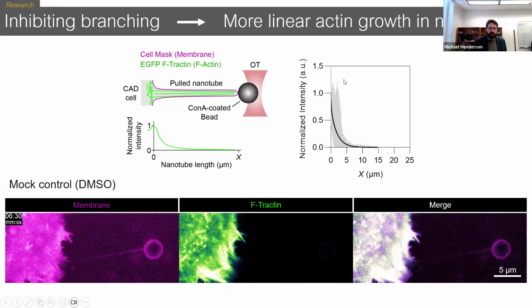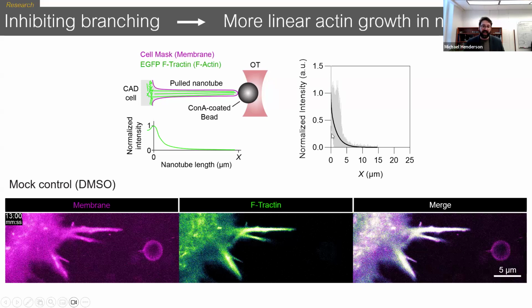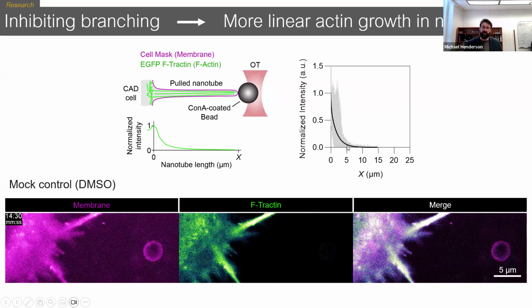And if we quantify the amount of actin through several repetitions, we typically see actin doesn't grow much more than 5 microns, which is actually quite surprising in the sense that that's the typical filopodia length that cells make on average here. So we're recapitulating the average ensemble length that filopodia can make.